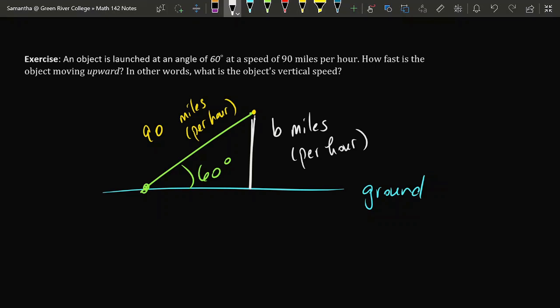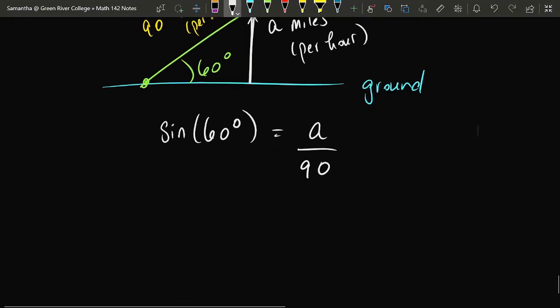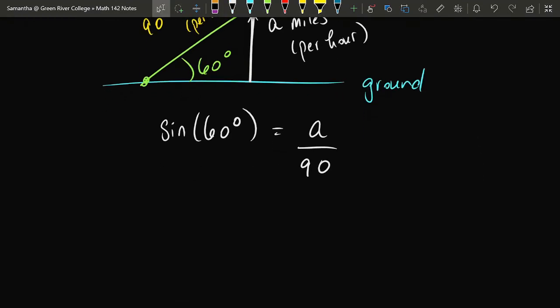Now, in this sketch, we've ended up accidentally creating a right triangle. I could use, for example, one of the SOHCAHTOA formulas, which says that sine of 60 degrees is equal to the opposite side length divided by the hypotenuse.